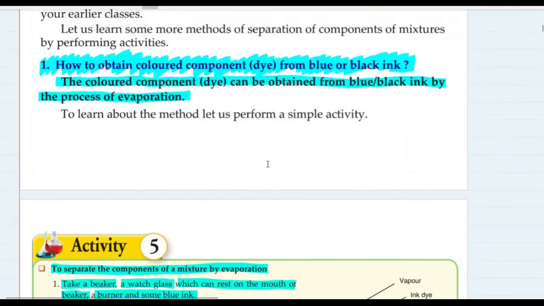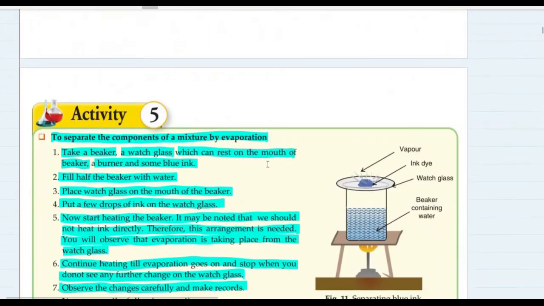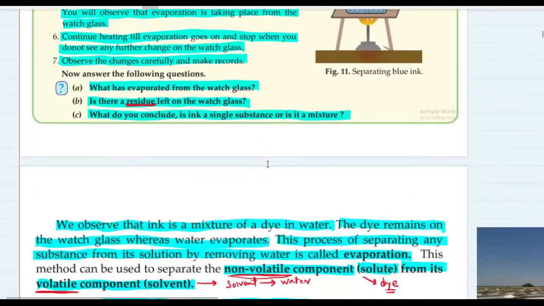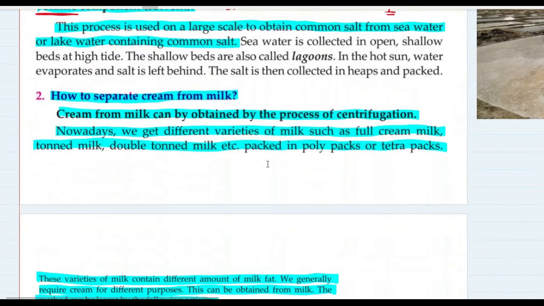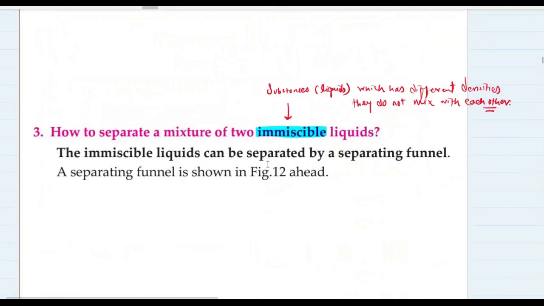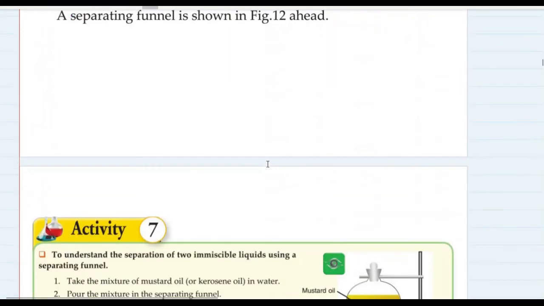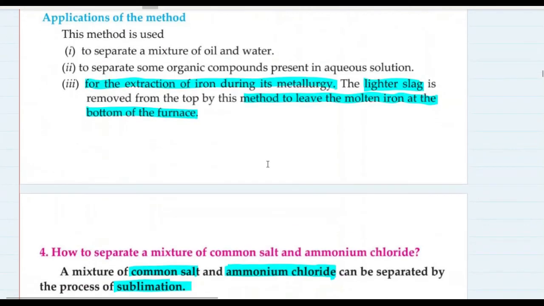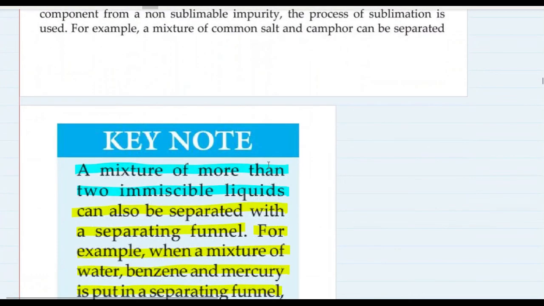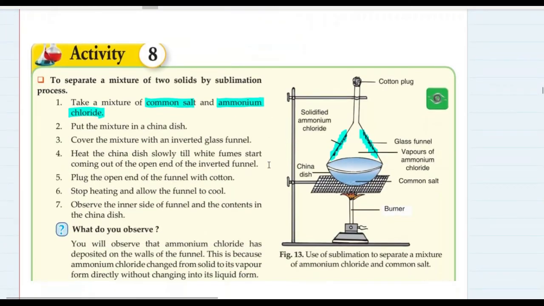Okay, so the first technique was evaporation, that is to obtain colored component from ink and salt from sea water, then cream from milk, centrifugation, then immiscible liquid separation by separating funnel, then sublimation for separating two solids out of which one is sublimable.